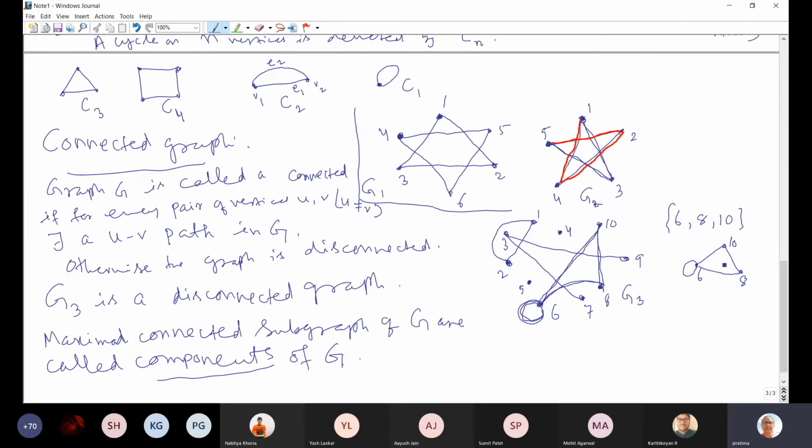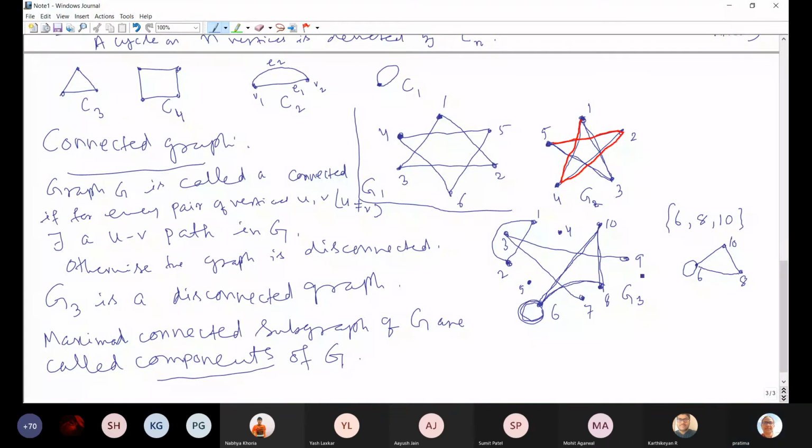That is why, if I drop this edge 6, 8, it won't be a maximal connected subgraph.